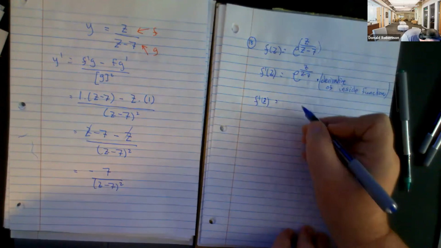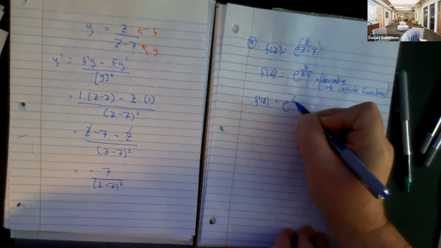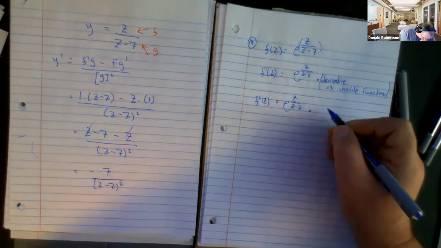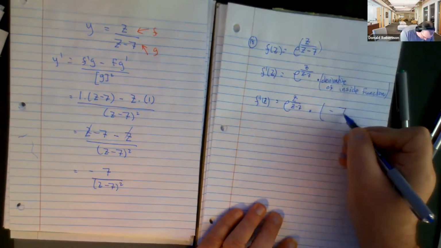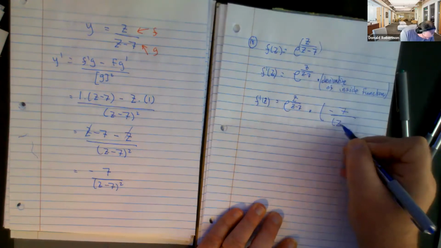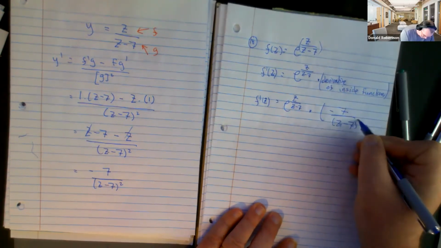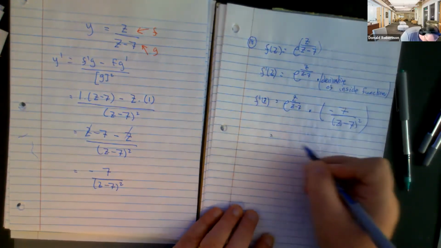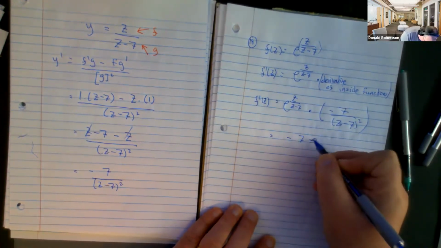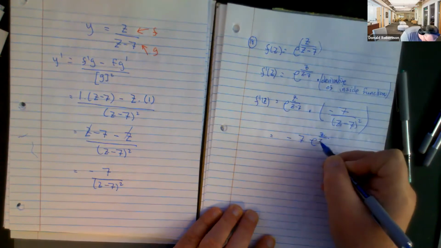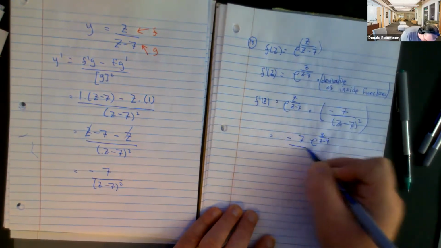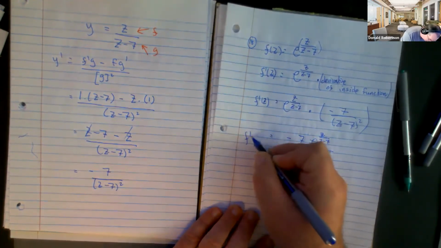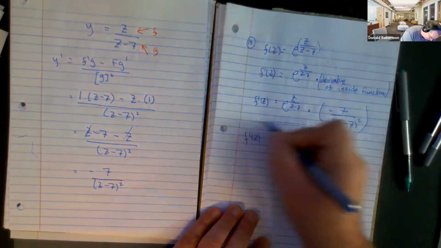F dash z here is going to be e to this ugly guy times that. If I wanted to make this slightly prettier, I might write it like this. But that's about all I can do. So there's our answer.